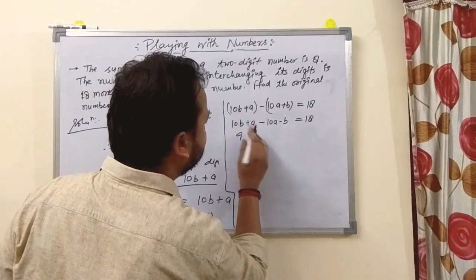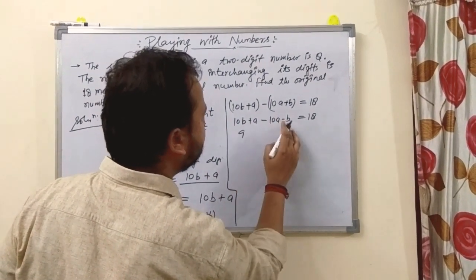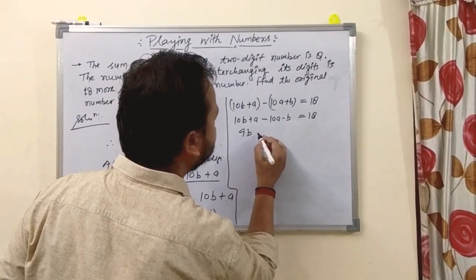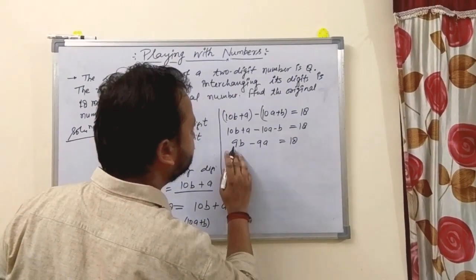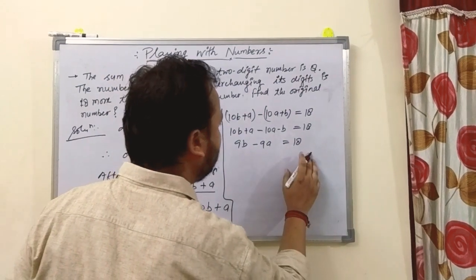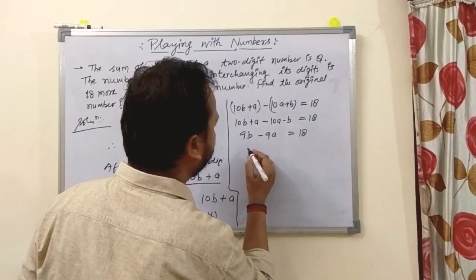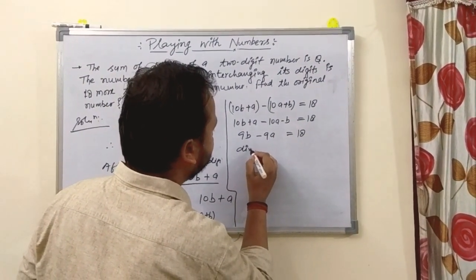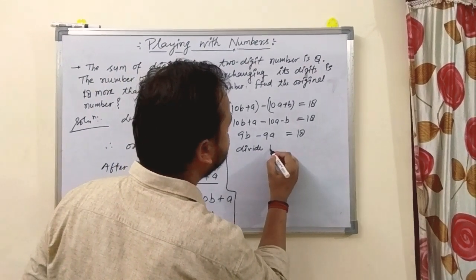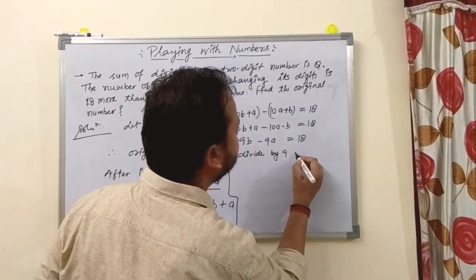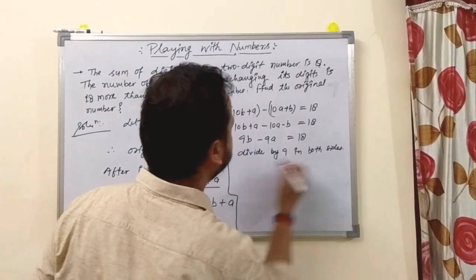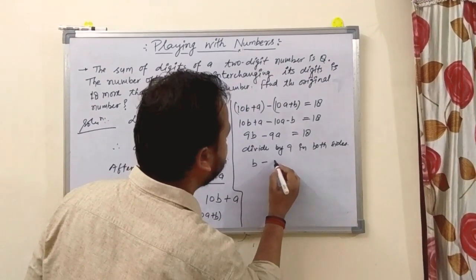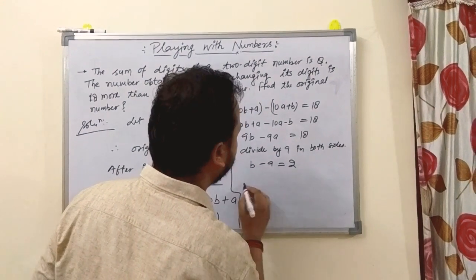So you get 10B minus B means 9B minus 9A equals 18. 9 is common, divide by 9 on both sides. You get B minus A equals 2, right?